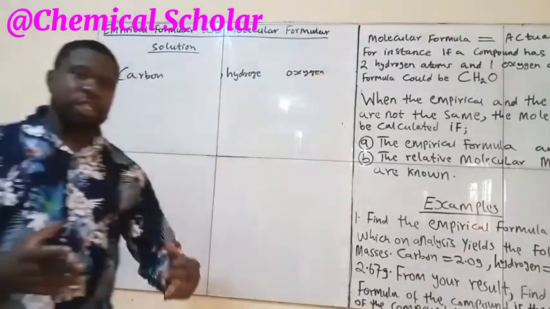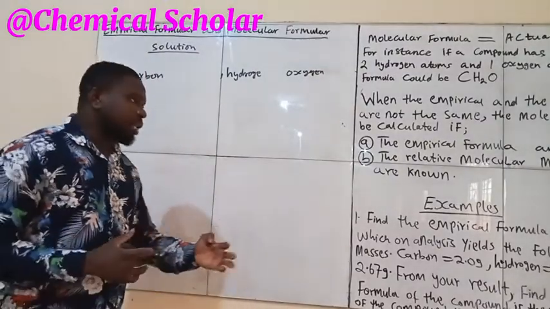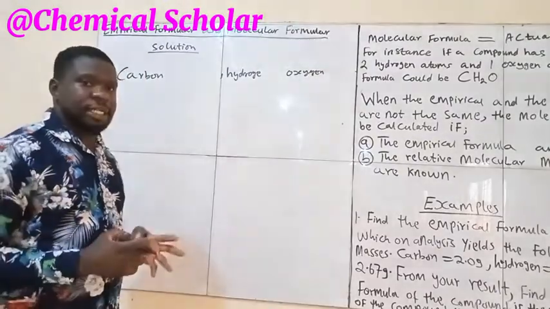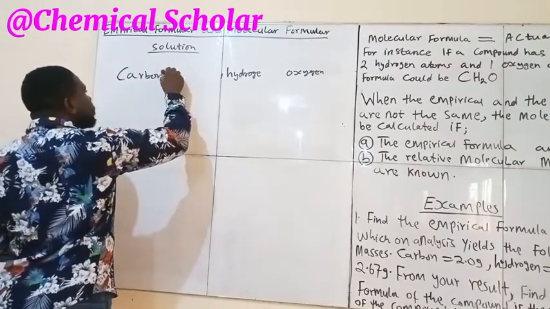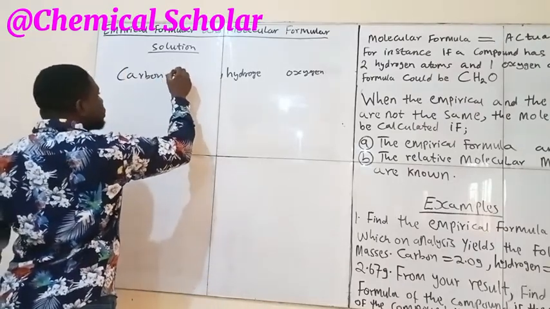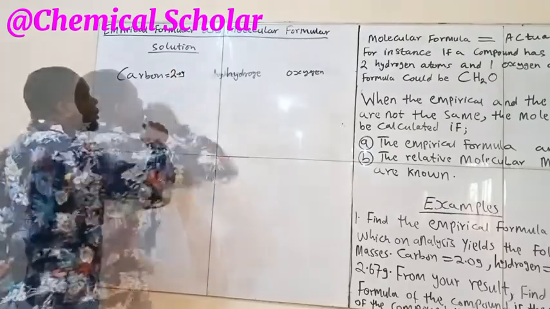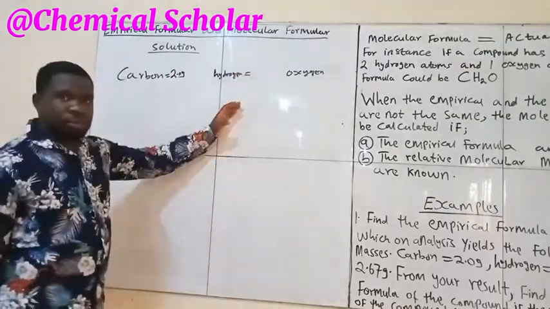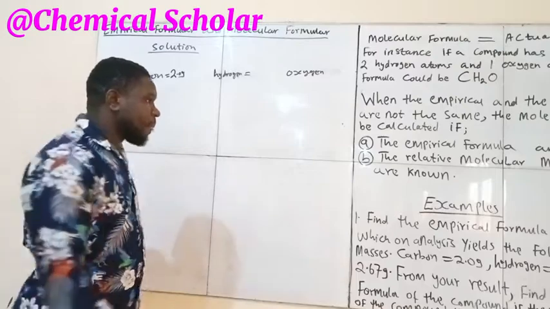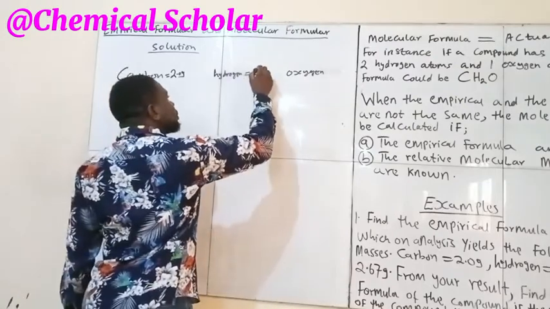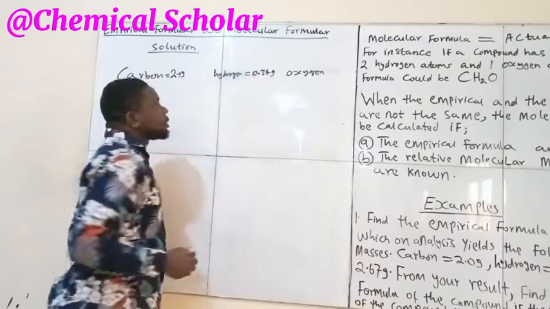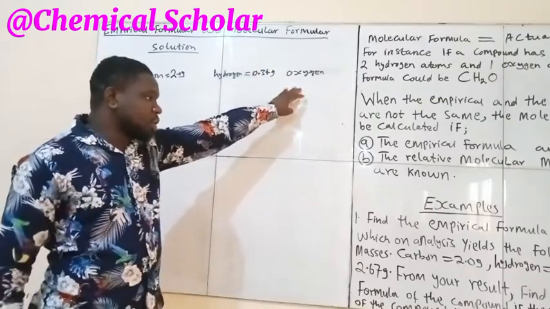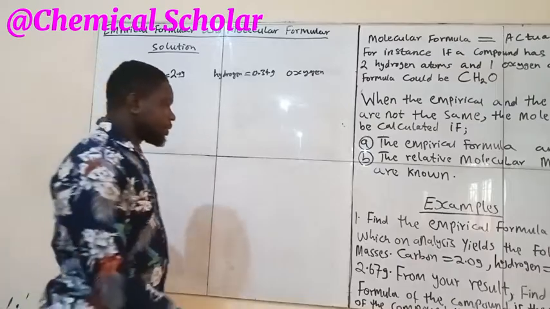So now, what is the ratio by mass in the results yielded from that analysis? We can see that for carbon we have 2.0 grams, for hydrogen we have 0.34 grams, and for oxygen we have 2.67 grams.